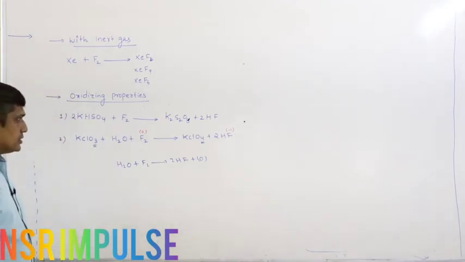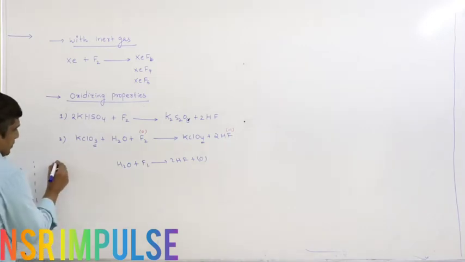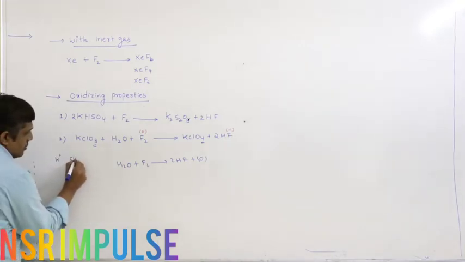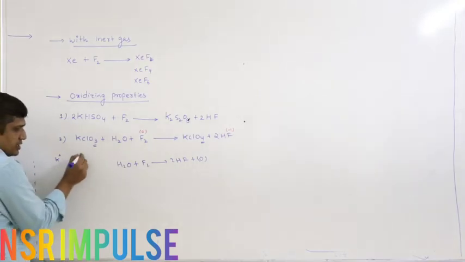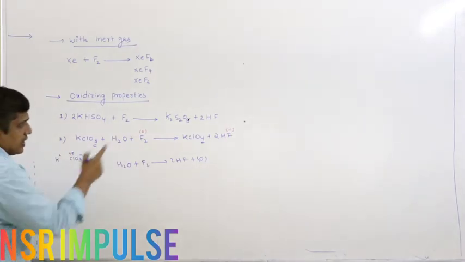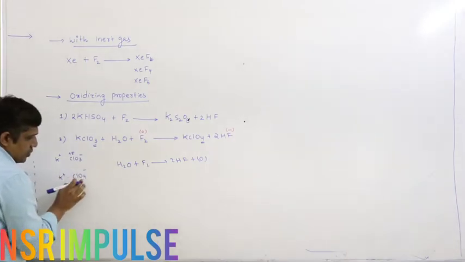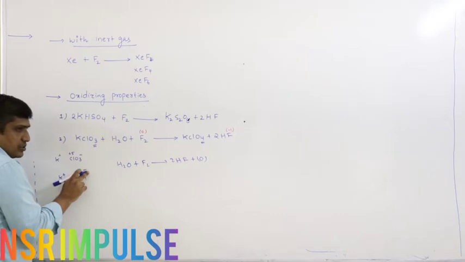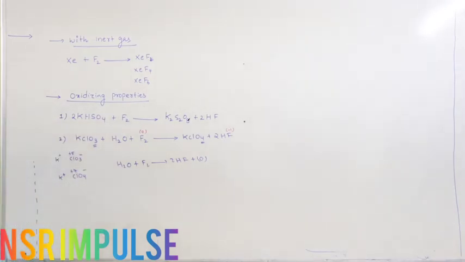You know how to calculate. K plus ClO3 minus, oxygen carries -2, 3 into -2 is -6. There is a net negative charge, so the oxidation state of chlorine should be +5. When I come to KClO4, K plus ClO4 minus, 4 into -2 is -8, there is a net negative charge, so it should be +7. So it changes from +5 to +7, right?